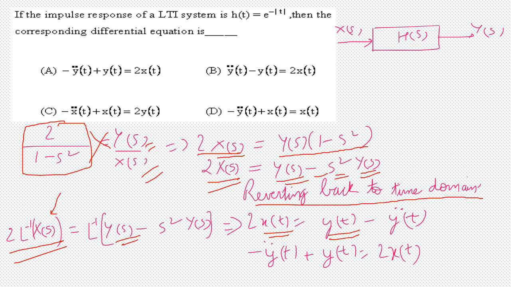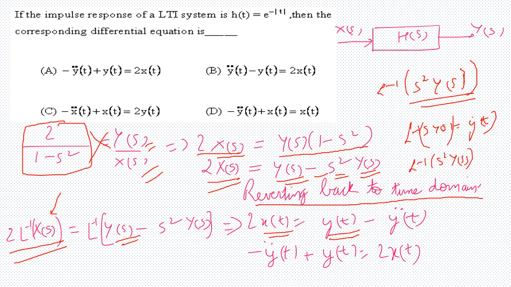For the Laplace inverse of s square y of s, this is the differentiation property: s y of s is y dot of t, so the Laplace inverse of s square y of s is the double differentiation, which is y double dot of t.